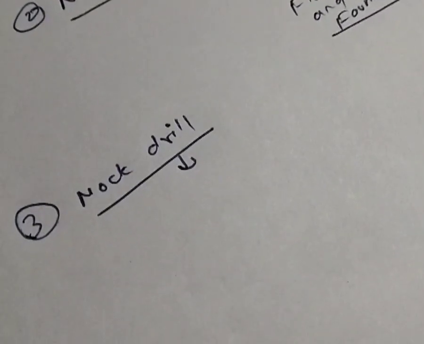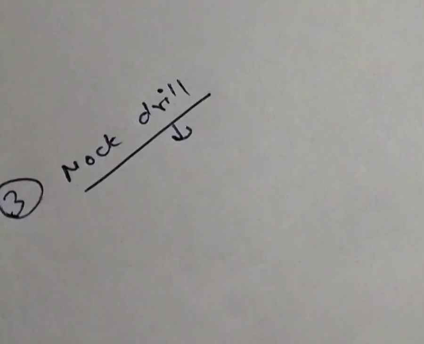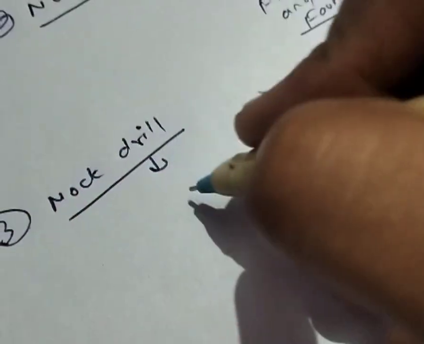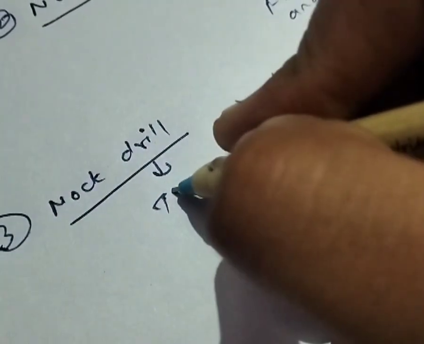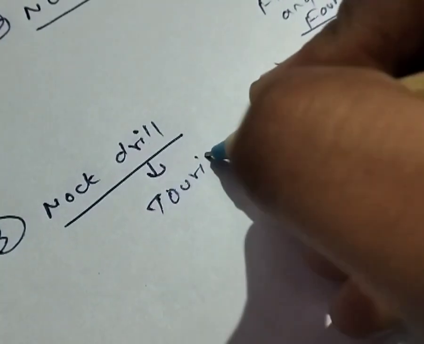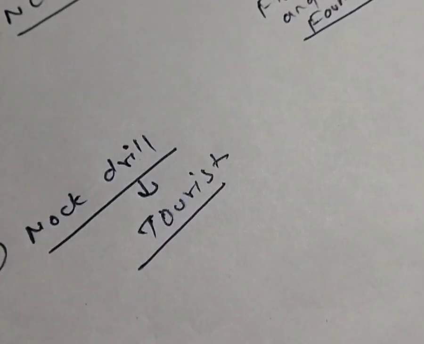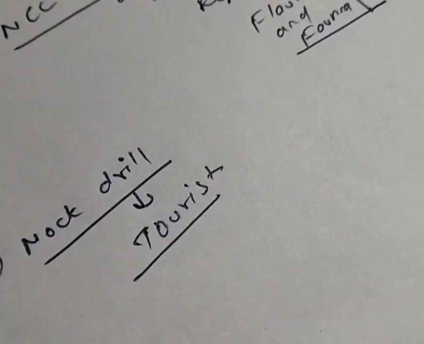For the third theme, I can go with the mock drill. Like they are in the forest, they are doing some mock drill, like tourists are coming, and they are doing a mock drill for when some tourists get attacked and injured by an animal. So how do they act?